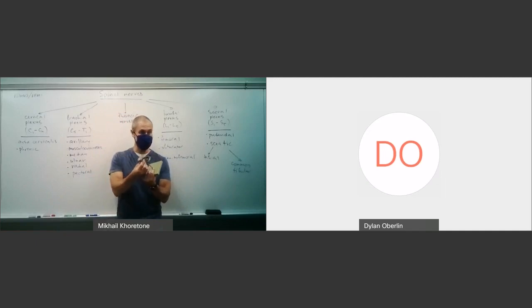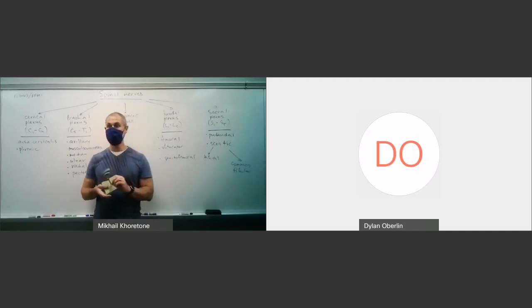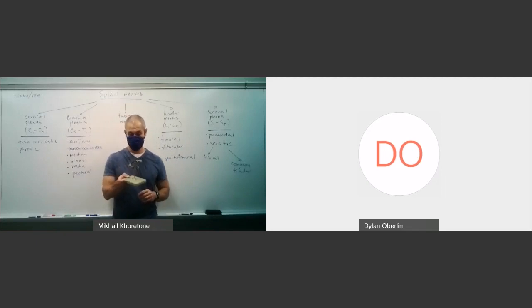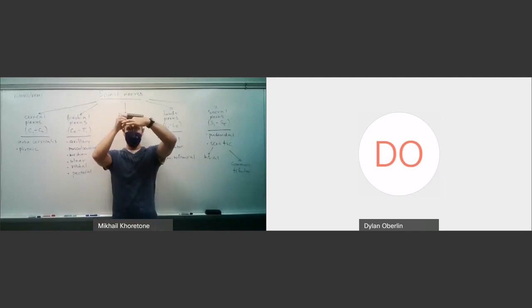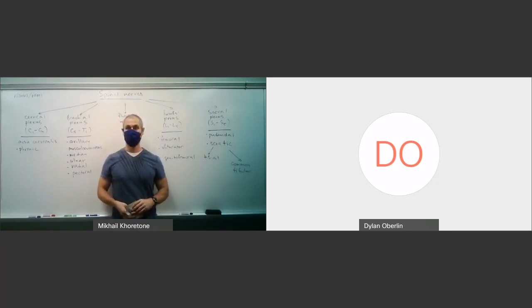There are a couple of connections. Those are called interventricular foramina. And finally here, you have the fourth ventricle. This one. And the fourth and third ventricle are connected by the cerebral aqueduct. Good?